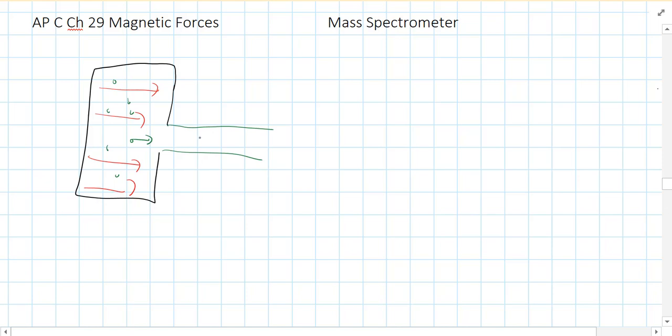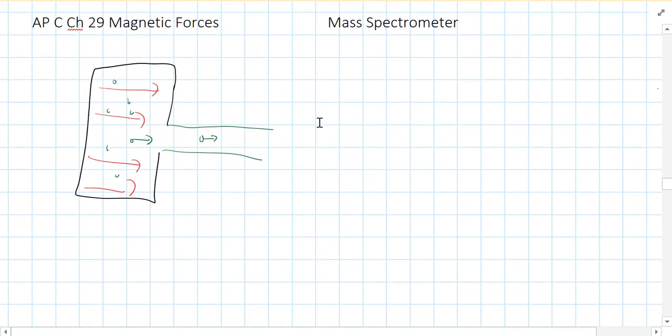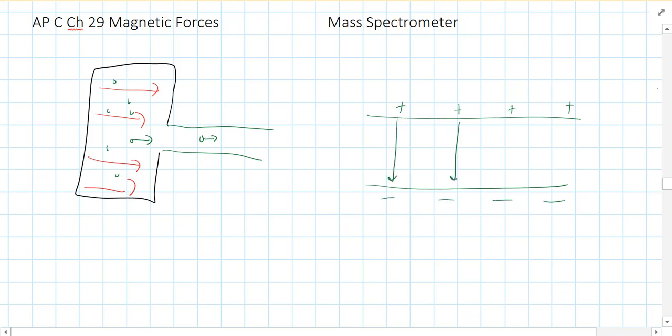So when a particle reaches this opening, we need to know how fast it's going, or we need to select particles that have a specific velocity. The first part of a mass spectrometer is called a velocity selector, and here's how it works. Imagine you have an opening, where one part is positive and one part is negative. That creates an electric field, which I'll call E. You fire your positive charges into that electric field.